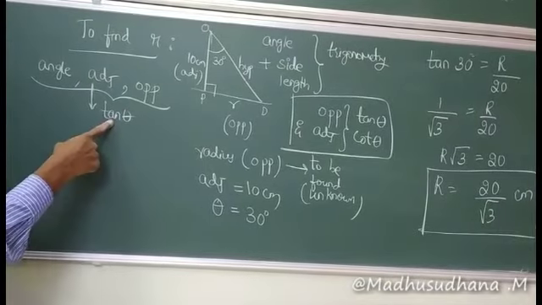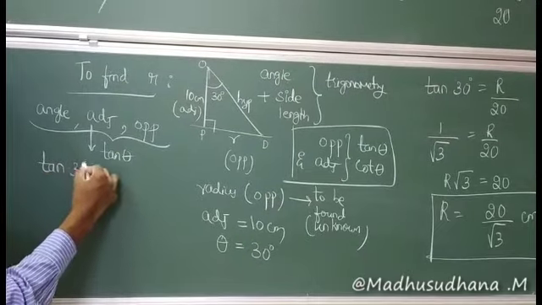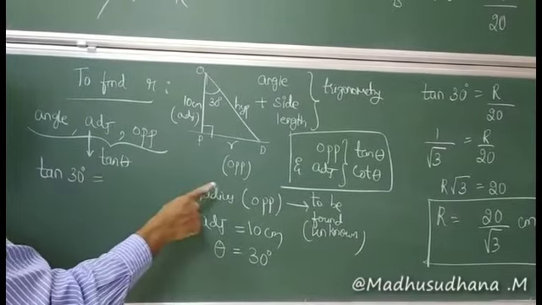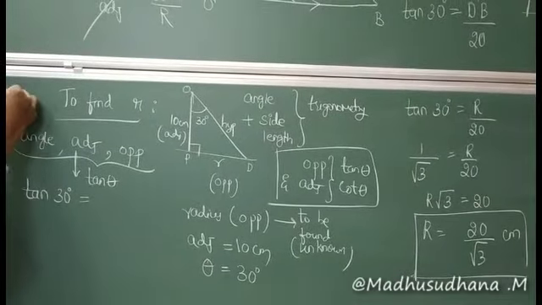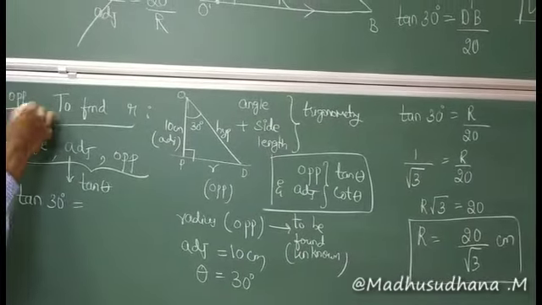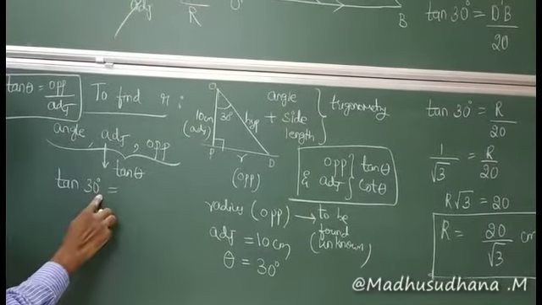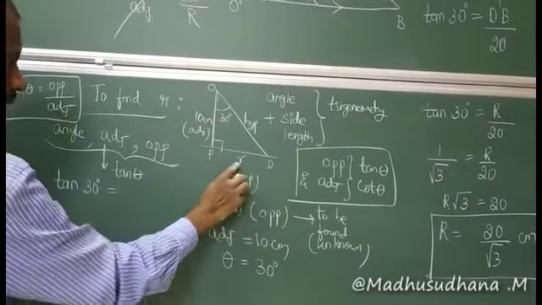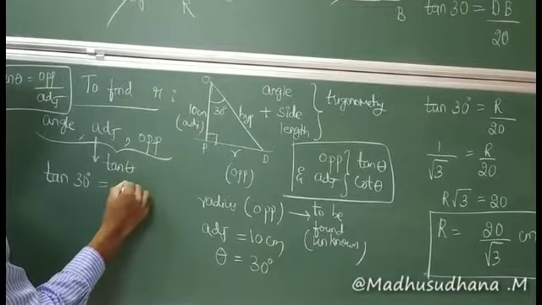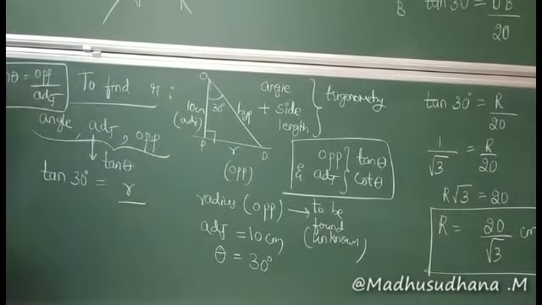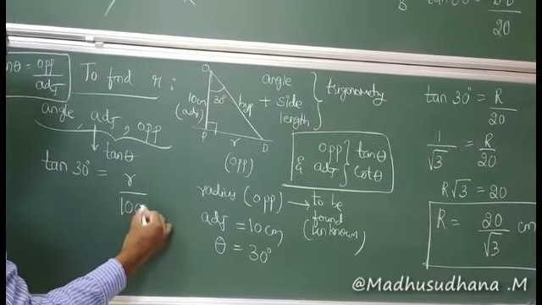So now I will take tan of 30 degrees. Tan theta is equal to opposite by adjacent. Opposite is r, divided by adjacent, which is 10 centimeters.